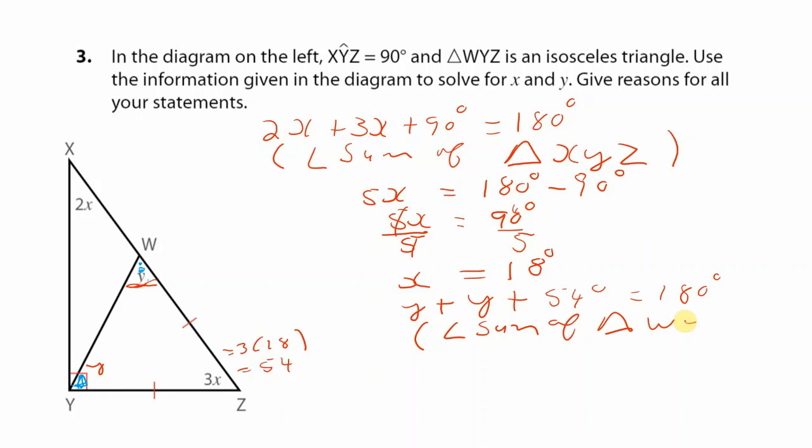WYZ. But we have a bit of a problem. There's a statement that we had to make before between these two. We first should have said that in fact angle WYZ is equal to angle YWZ.